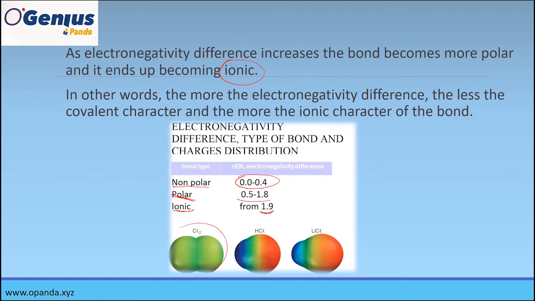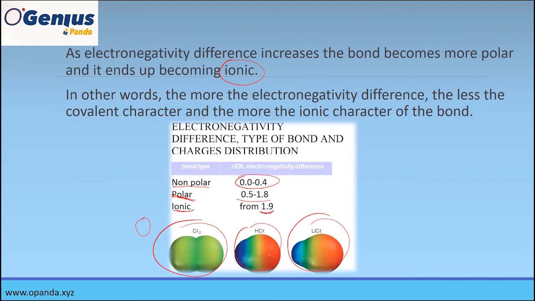And here we have the charge distributions. The charge distributions show that for chlorine, we have an electronegativity difference of 0. So the charges in the molecule are equally shared. We have similar colors all over the molecule. But here we have hydrogen chloride, where chlorine is more electronegative than hydrogen, and because of that, it's like hydrogen has lost, or is about to lose, its electrons.